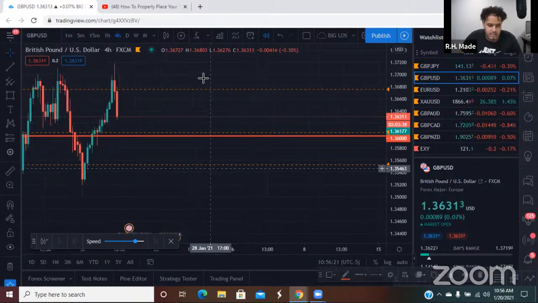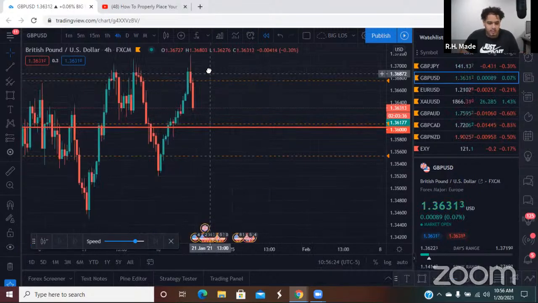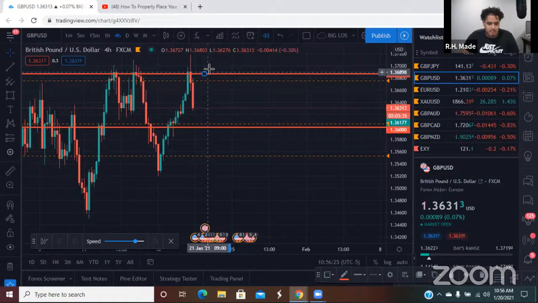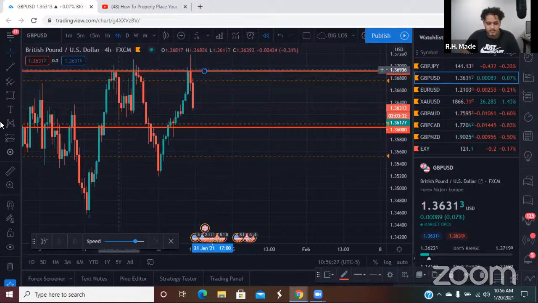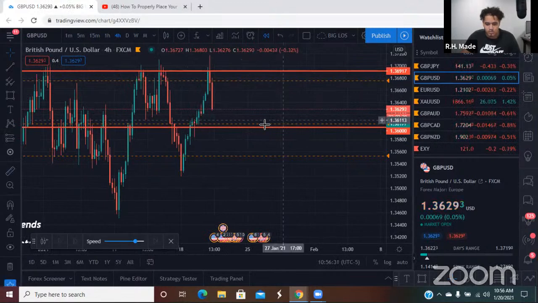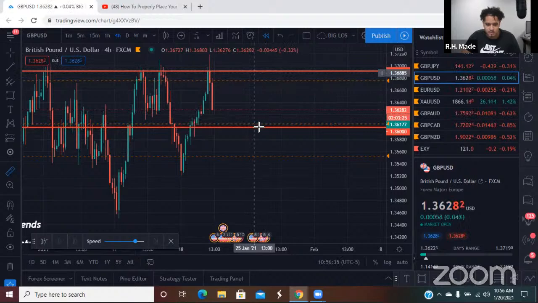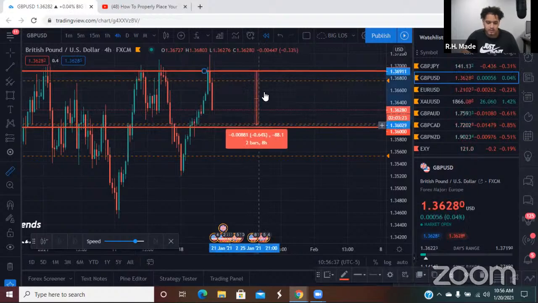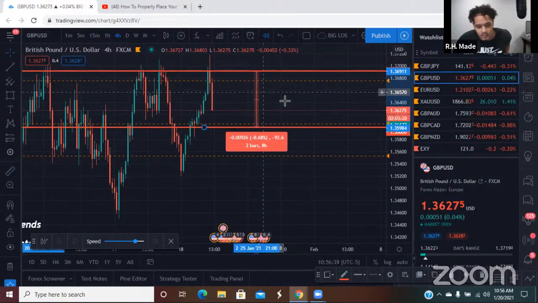What he was saying is he sold it off the top of this resistance zone up here, and he plans on taking it to the next major level, 136 even. So, roughly 90 pips.